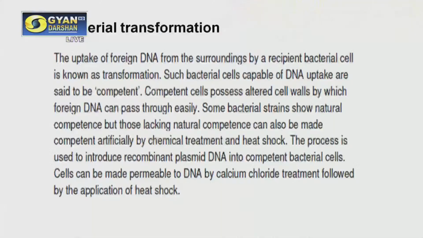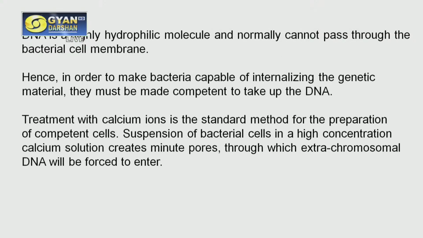Bacterial cells show natural competence, but those lacking natural competence can also be made competent artificially. As I said, bacterial cells don't take up DNA so easily. They have to be treated, they have to be made competent, and then only they are capable of taking up the foreign DNA. DNA is a highly hydrophilic molecule and normally cannot pass through the bacterial cell membrane.